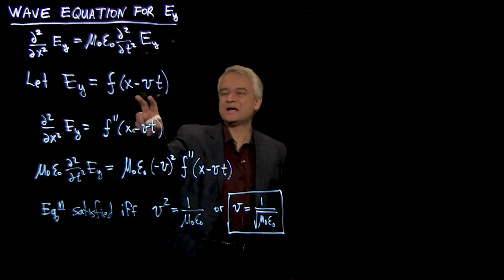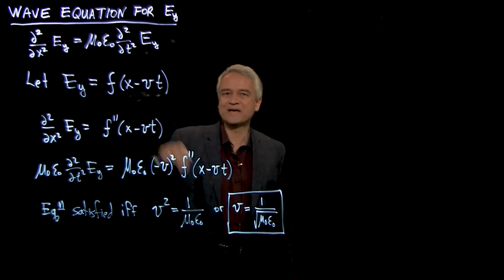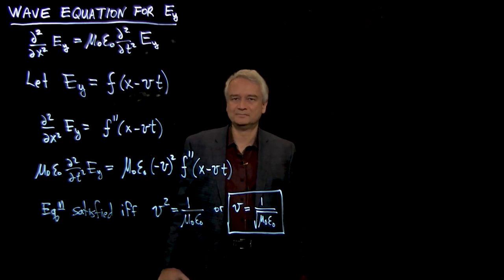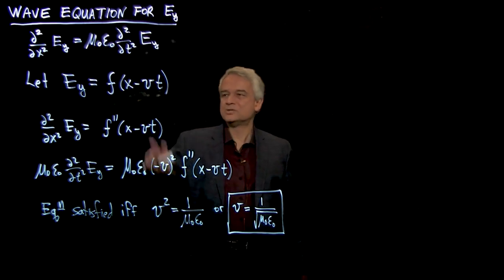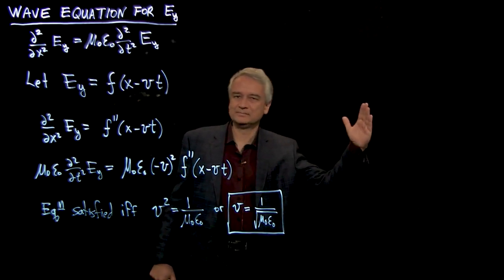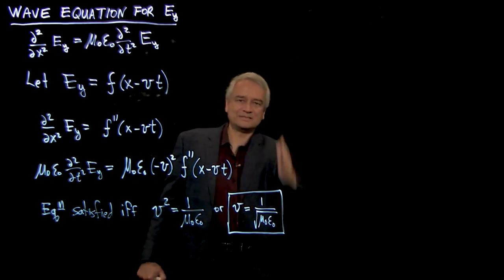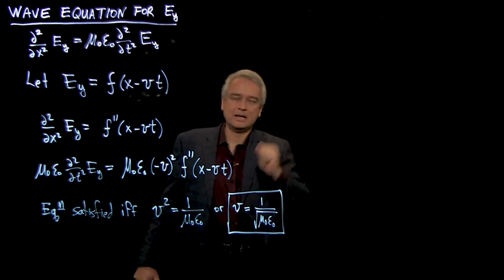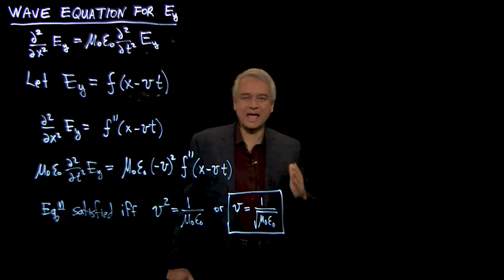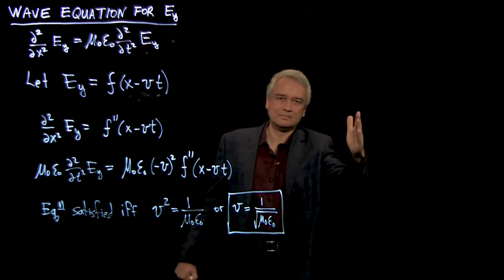That means I need to find the x where x minus vt has the same value that x used to have at time 0. And that means I have to go to the right a distance vt. Okay? So at time 0, f had some value here. At time t later, f will have that same value over here, vt to the right.